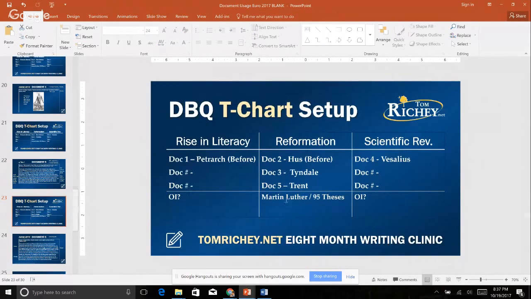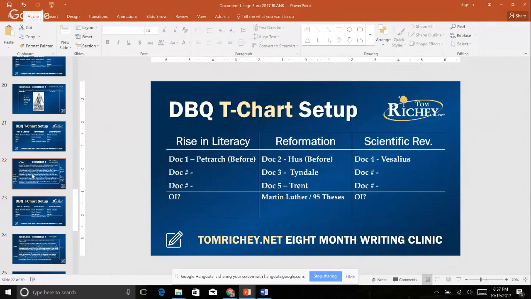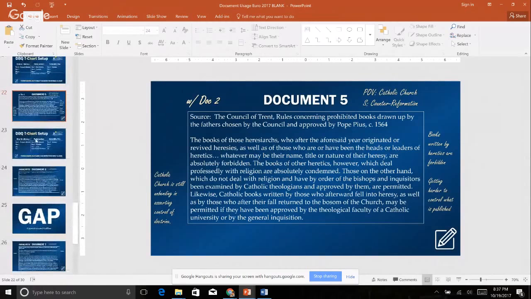Now, what I could see here is we've got an opportunity to use document 2 and document 5 actually to illustrate some continuity, that it certainly has not changed the Catholic Church's attitude. Okay, so we're noting here that it's the same mentality as what we saw earlier. Now, of course, the Inquisition is even mentioned. Somebody could bring that in and note what's going on there.